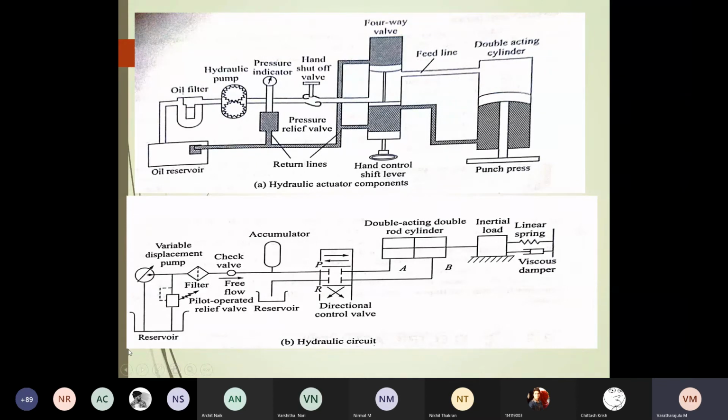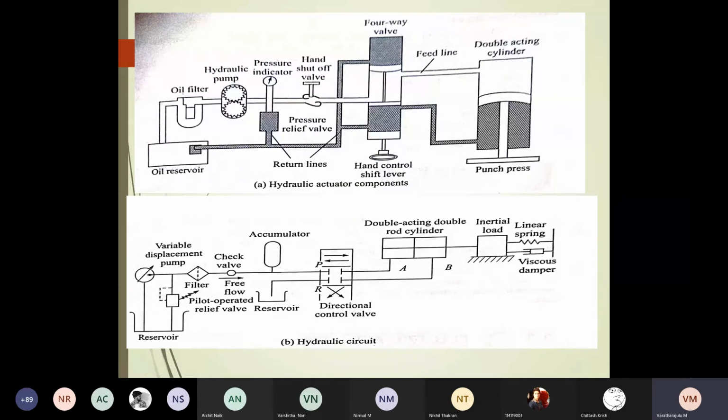And here see the reservoir and variable displacement pump, check valve, and the actuator reservoir, the directional control valve, double acting cylinder, and inertial load. This is the basic system, which consists of the hydraulic actuator components, and which consists of the hydraulic circuit. And please make a note of this particular system.